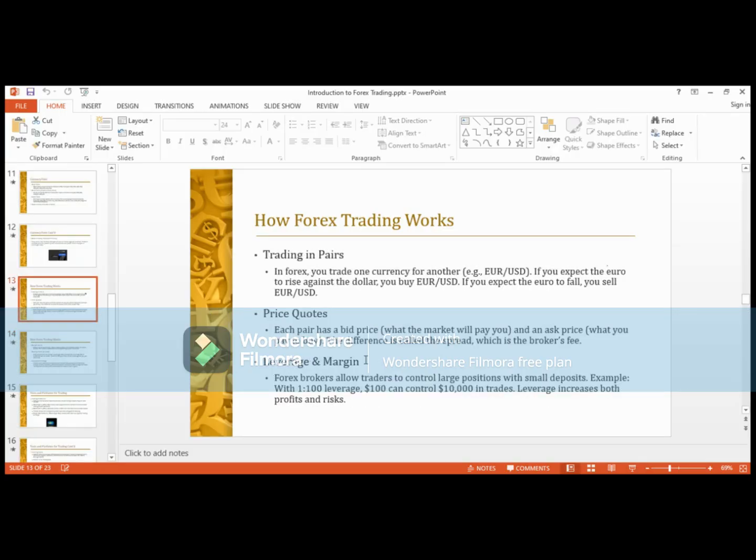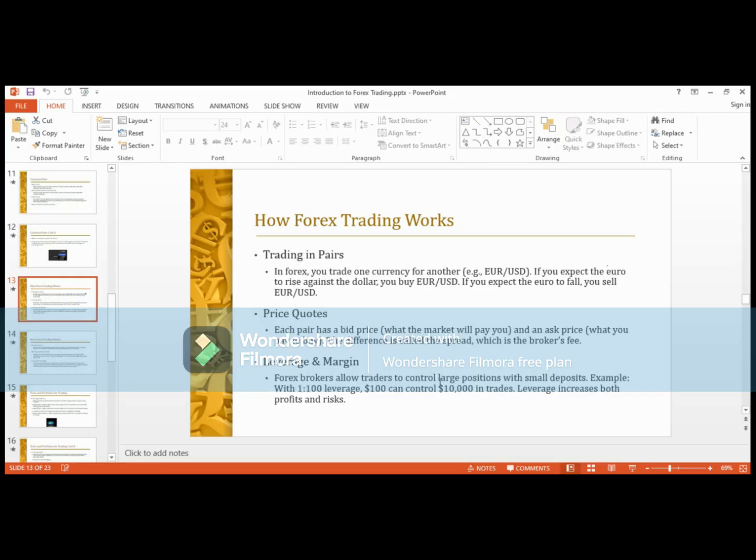We also have leverage and margin. Forex brokers allow traders to control large positions with small deposits. An example is 1:100 leverage. That's a trader with $100 capital can control $10,000 in trades. So they've given you 100 times the amount you are using.